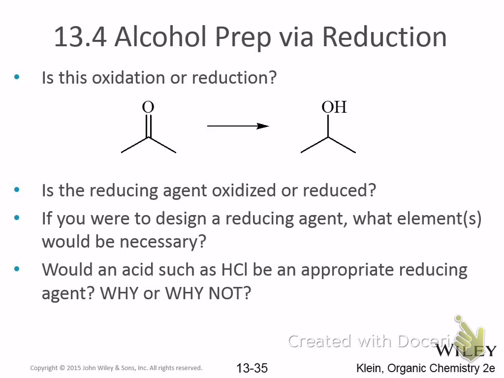So oxidation or reduction? What's the title say? Yeah, it's a reduction reaction. You could do that by calculating the oxidation state for this carbon versus this carbon. And what you'll find is that this one is +2. And remember, if you're more electronegative, you get a negative charge. If you're less electronegative, you get a positive charge.